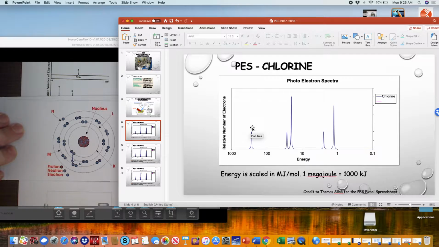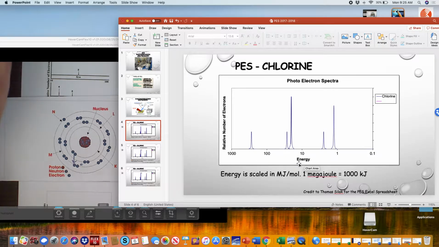So this peak that I'm on right now, notice that it's between the 1000 and 100 range on our energy chart. By the way, on the bottom here, the energy is going to be in kilojoules or megajoules. It doesn't really matter what the version of joules is. It's going to tell us the same information. And basically, these electrons are harder to remove than these electrons over here.